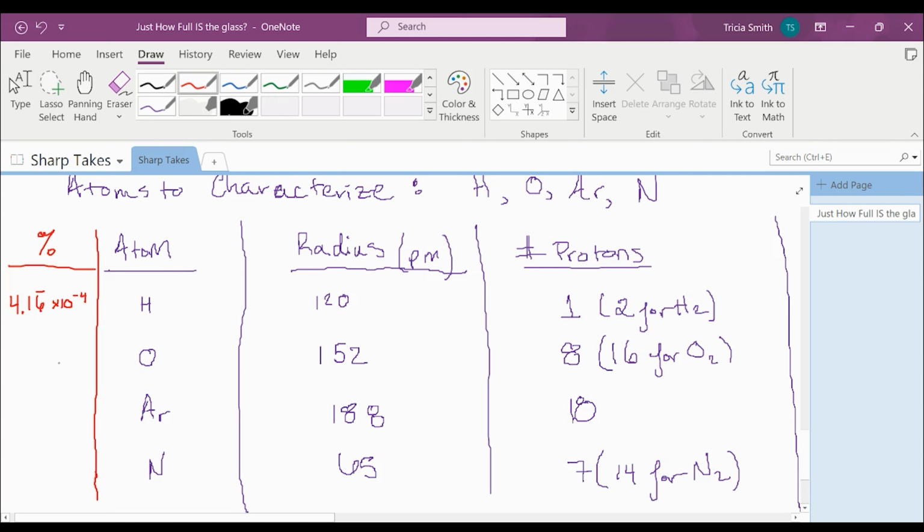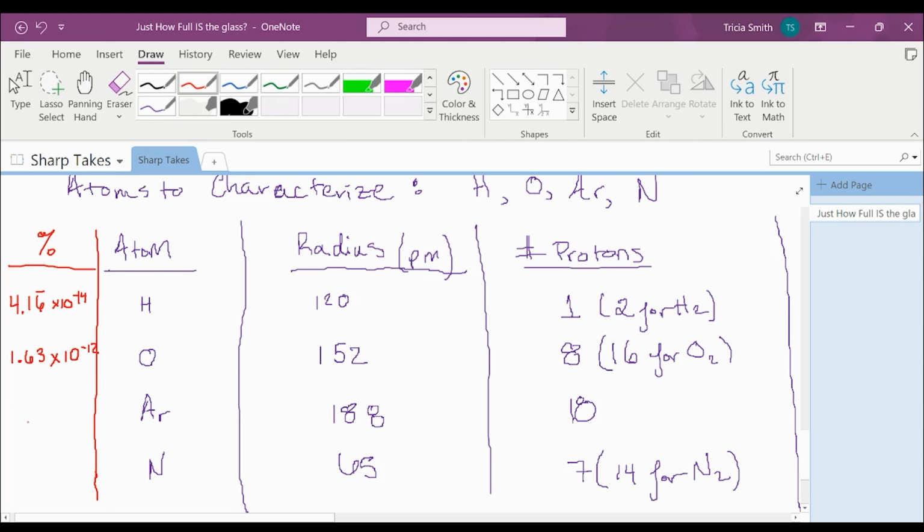The percent occupied for oxygen, 1.63 times 10 to the negative 12%.